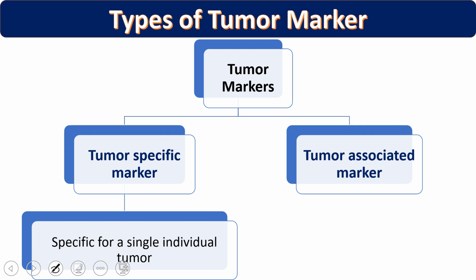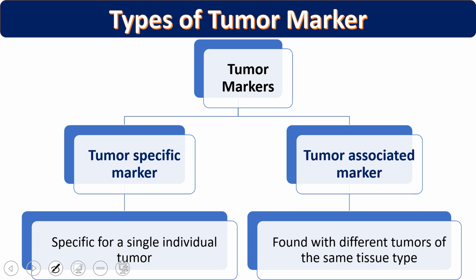Every tumor will have a specific marker, and that is called a tumor specific marker. Whereas tumor associated markers can be produced by many different types of tumors.